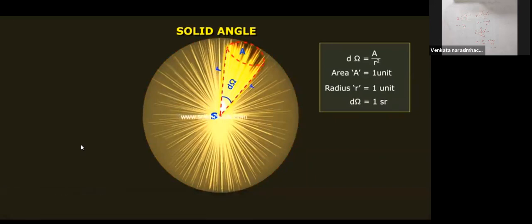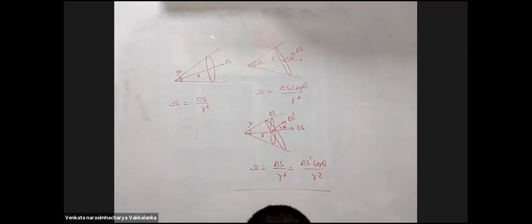Therefore, the total solid angle for the sphere as a whole is d omega equal to 4 pi r square by r square. Therefore, d omega is equal to 4 pi steradian. So 4 pi was for the entire sphere, right? Right.